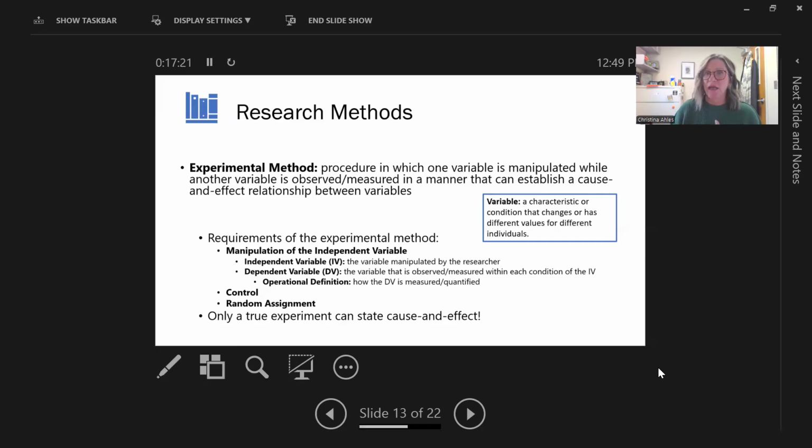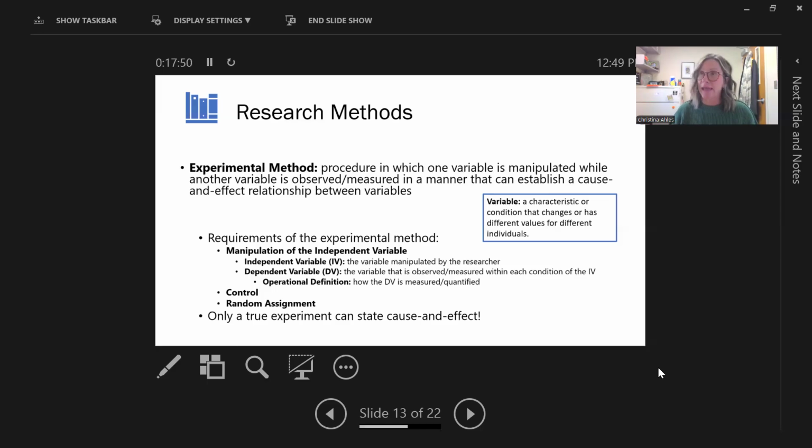That means the researcher has control of how that independent variable is manipulated, and the researcher can randomly assign individuals because there is control. So every person within those groups, whether it be the experimental group or the treatment group or the control group, has equal opportunity to be in either one of those groups.